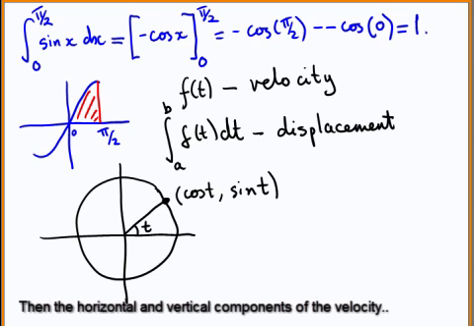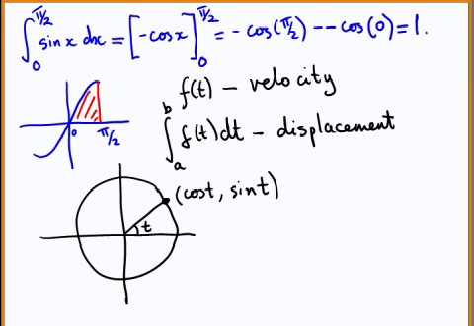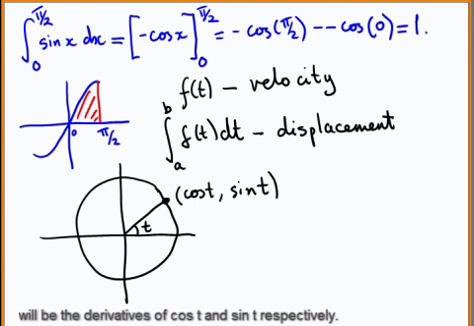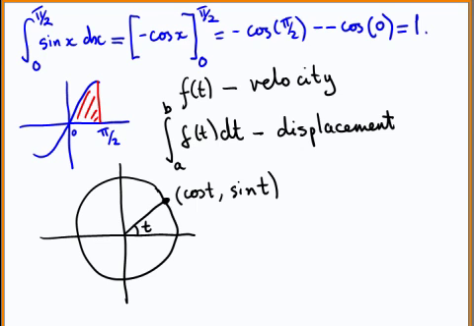If we have a particle moving round the unit circle with uniform angular velocity, or constant angular velocity, of say 1, what would the vertical and horizontal components of that velocity be? Well, they'd be the derivatives of cos t and sine t respectively.